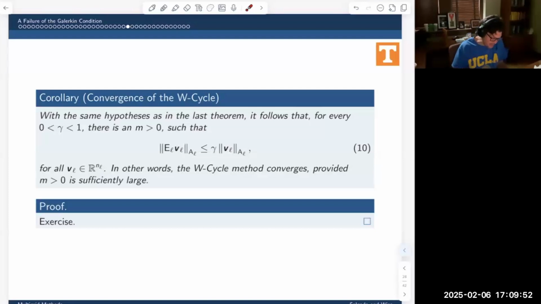Basically, it uses that last result plus the fact that E is self-adjoint, and using a basis expansion for V, you can show that using the eigenvectors of this matrix, we can find an orthonormal basis in the AL inner product of eigenvectors for this guy because it's self-adjoint in this inner product.